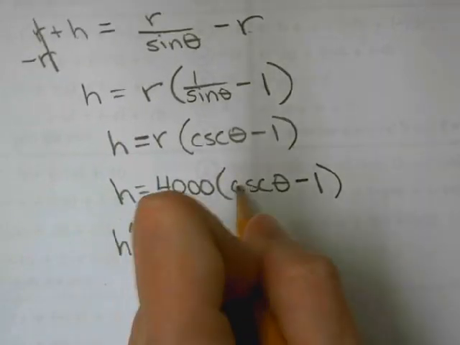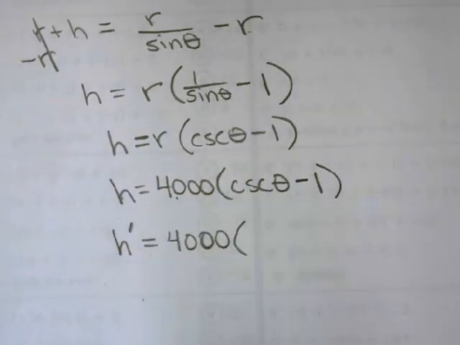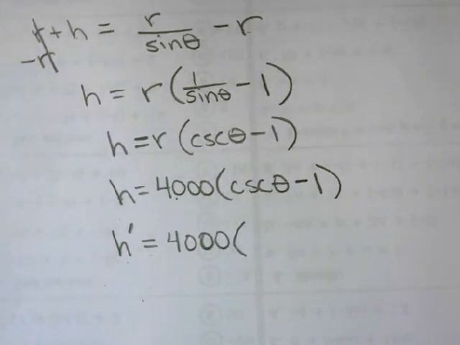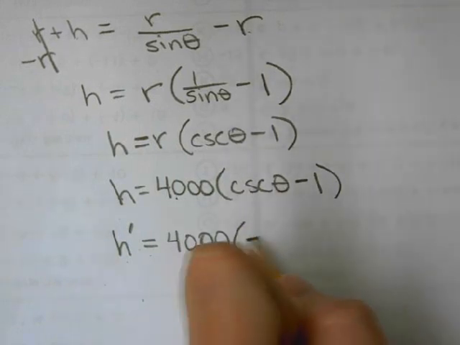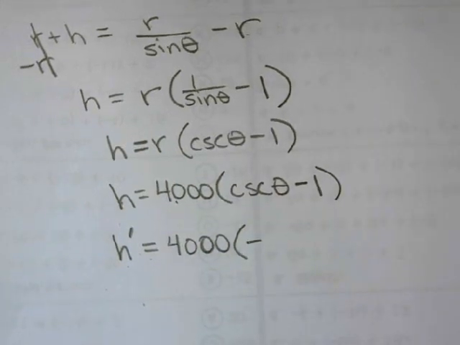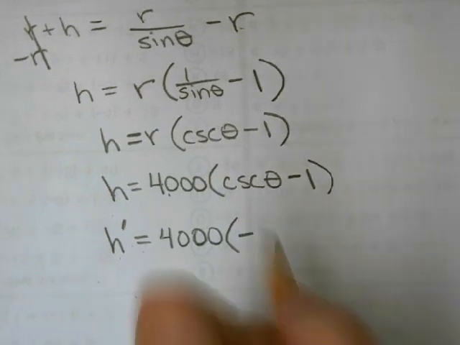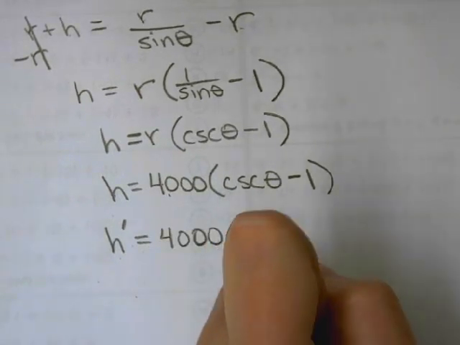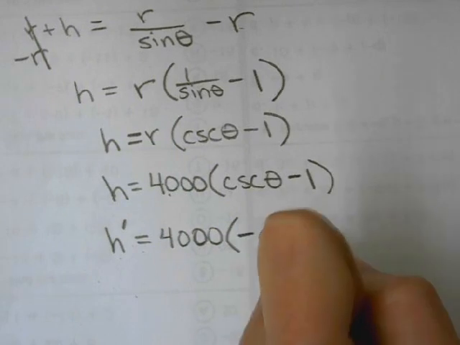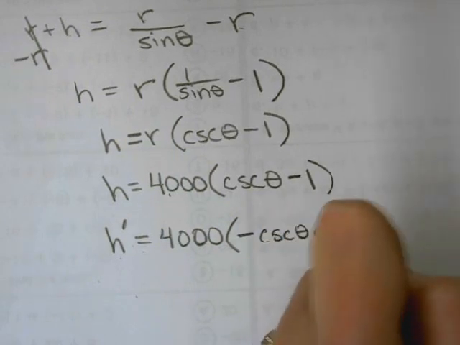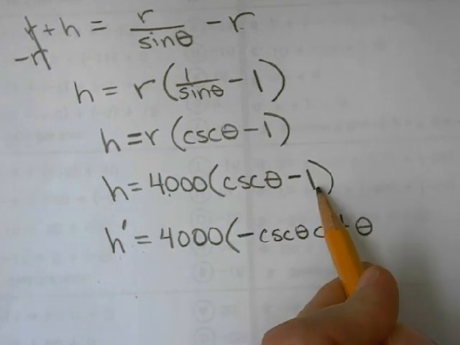So you just have to figure out the derivative of cosecant. Do you remember what the derivative of cosecant was? It should be negative something. Yeah, it's negative cosecant cotangent. And the derivative of 1 is 0.